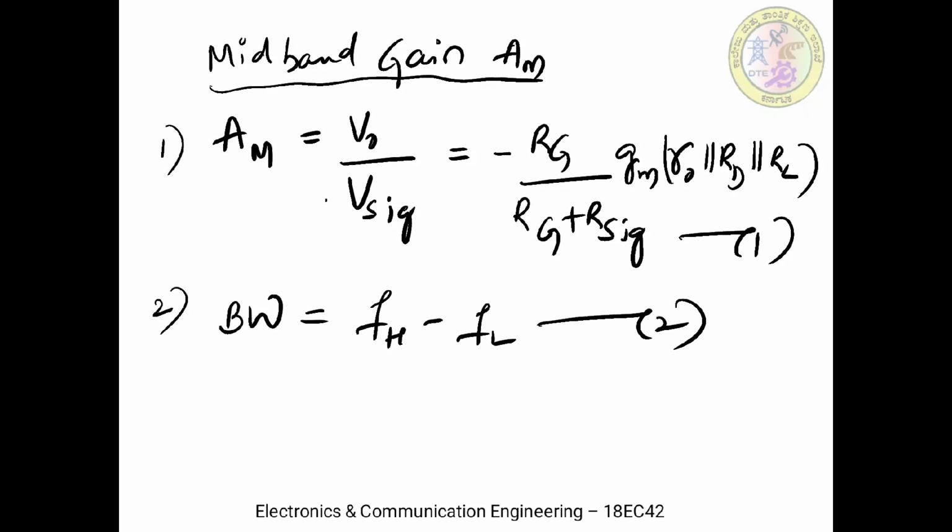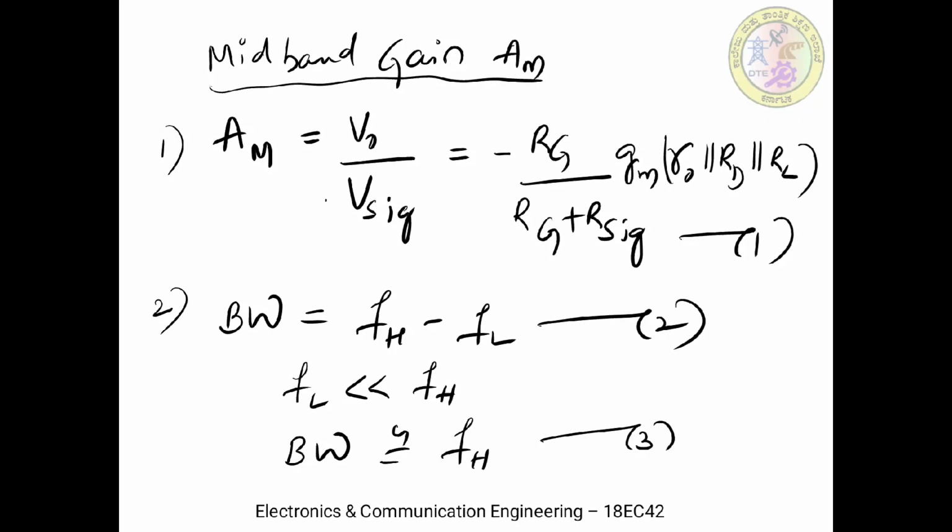But usually FL will be very much smaller than FH, so the bandwidth is almost equal to FH only. But if you want to write very accurately, then you can take the bandwidth as FH minus FL.